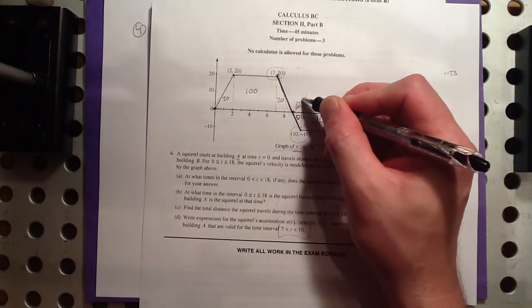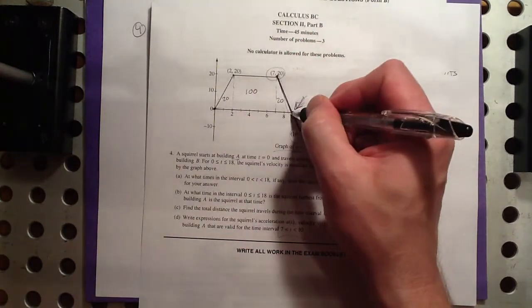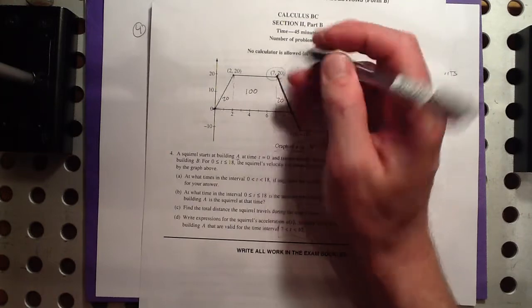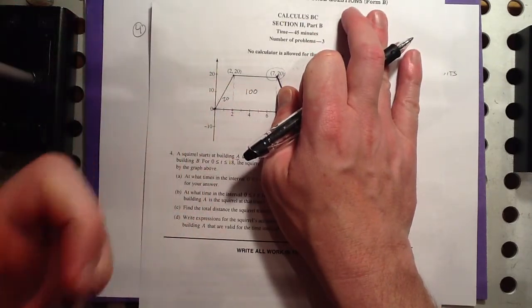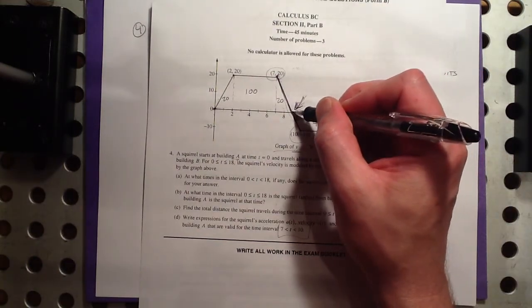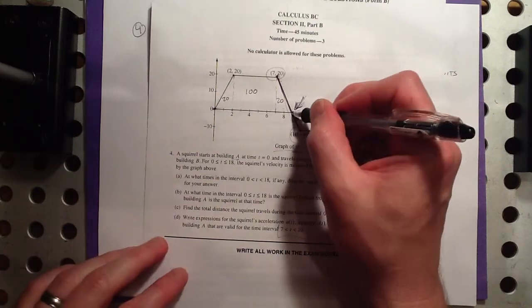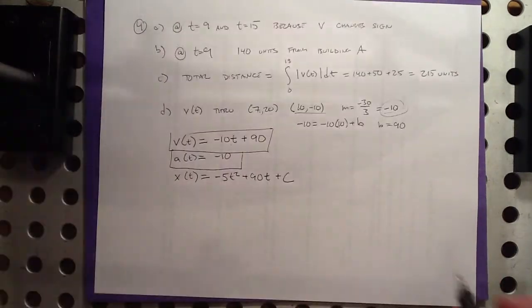We already know that at time 9, the position is 140. You could also use at time 7, that area would be 120. You could use that also. I'm going to go ahead and use the one that we already have from earlier on. I know that at time 9, the position is 140. And I'll use that to solve for C.